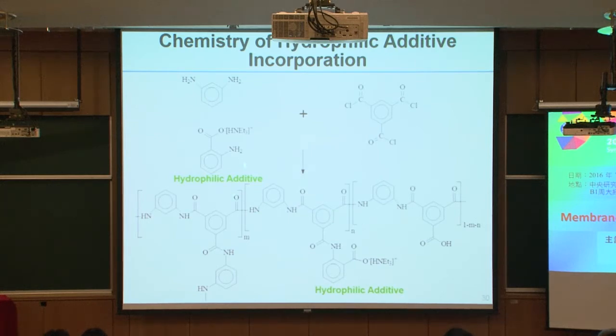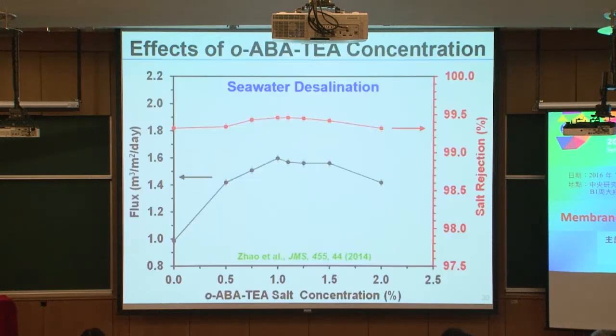And now, because we add a hydrophilic additive, this hydrophilic additive can form covalent bonding and attach to the membrane. This whole thing is the interfacially polymerized polyamide membrane. So now, with our approach, we can add hydrophilic additive to the membrane, again all through chemical reaction. Okay, the chemistry is highly involved.